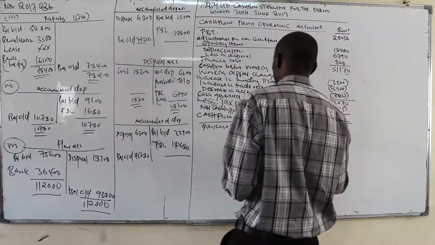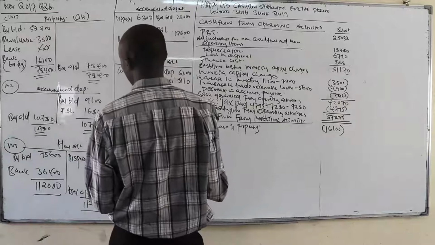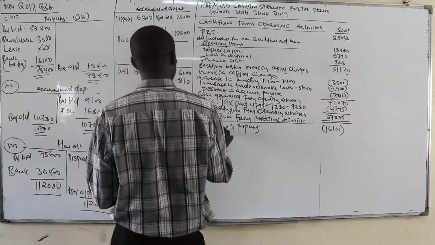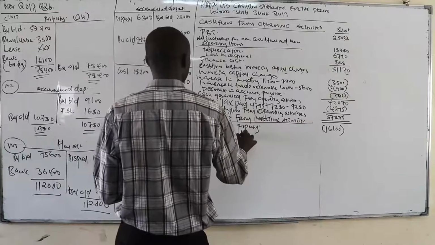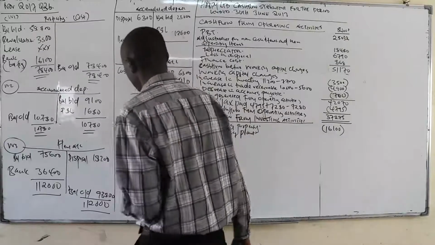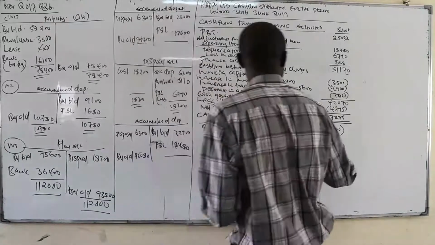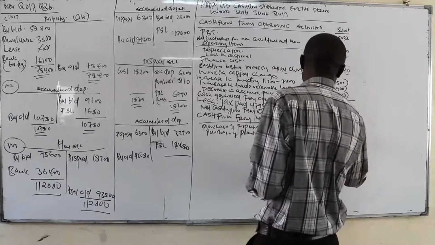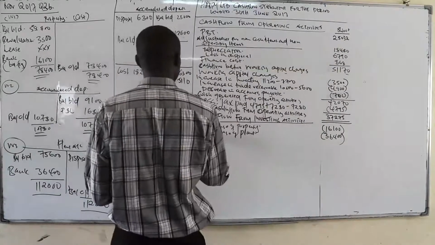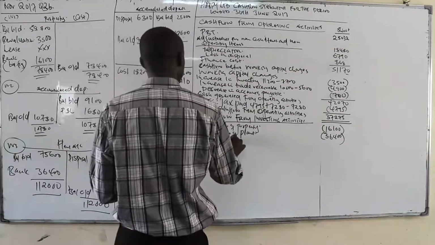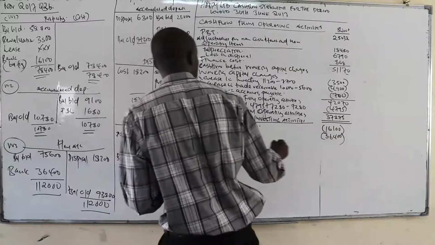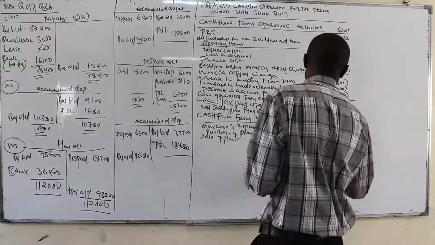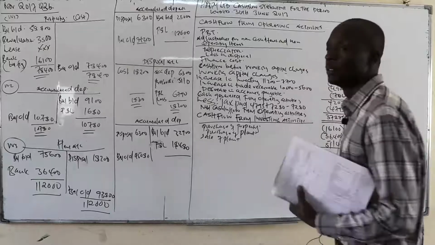That is outflow. And then there is purchase of plant, which is 36,400. Outflow. Then sale of plant. Received 551,110 for sale of plant.